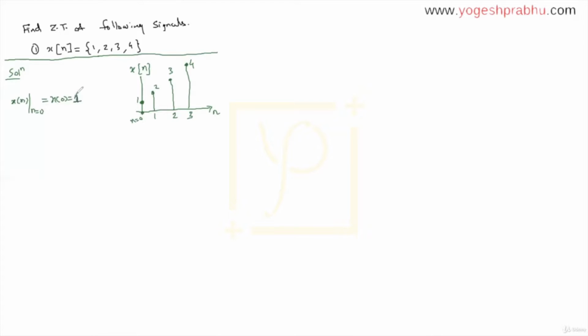I just wanted to make that very clear. Let me do one more. What if I want to find out x of n at n equal to 1? Now it's the value of x of n when n is 1. Then the value of x of n is 2, right? So I write this as x of 1. I just plug in that n as 1 and x of 1 is 2. So on and so forth. I can keep doing this for the later samples also, but I hope you get the point.